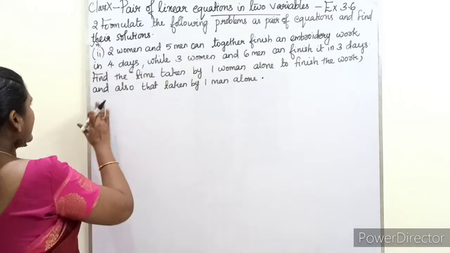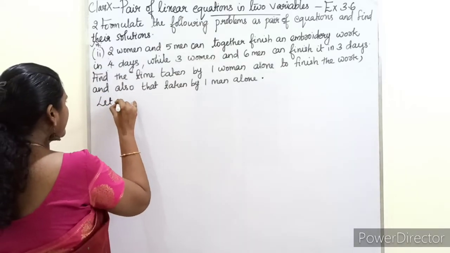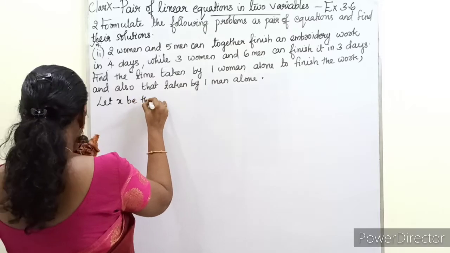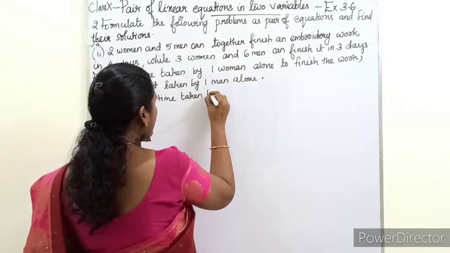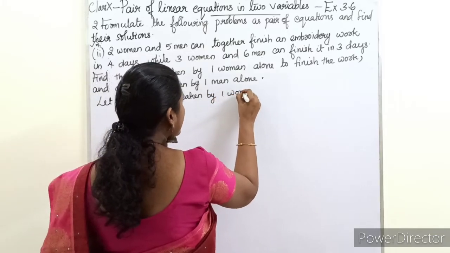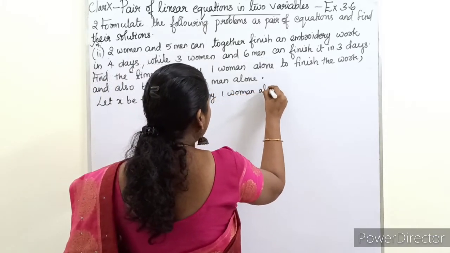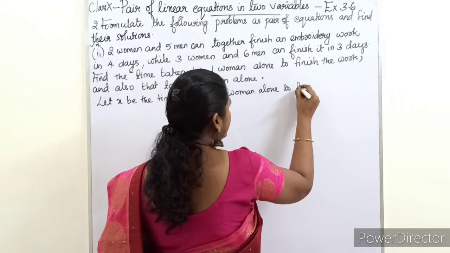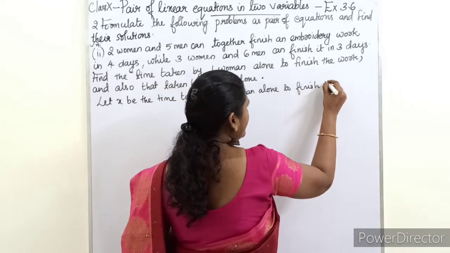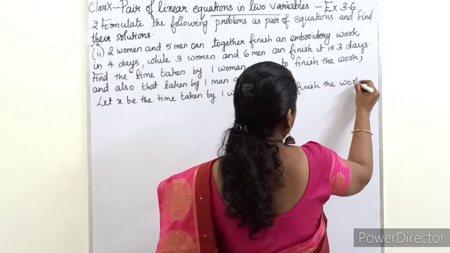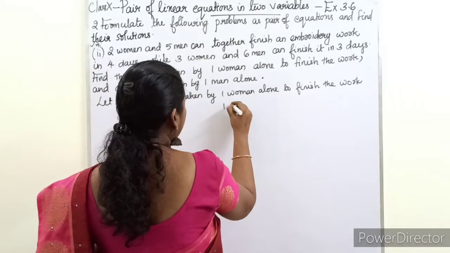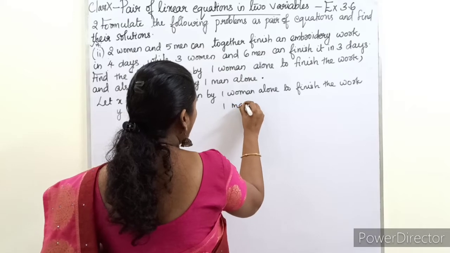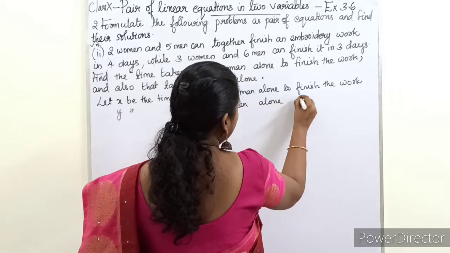So we will write, let x be the time taken by one woman alone to finish the work, and y be the time taken by one man alone to finish the work.